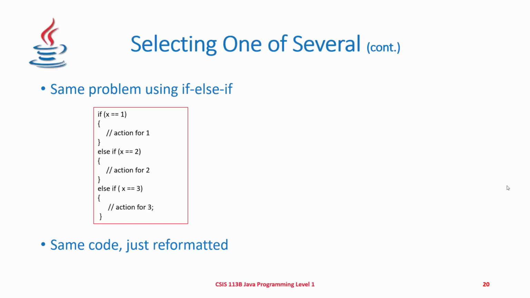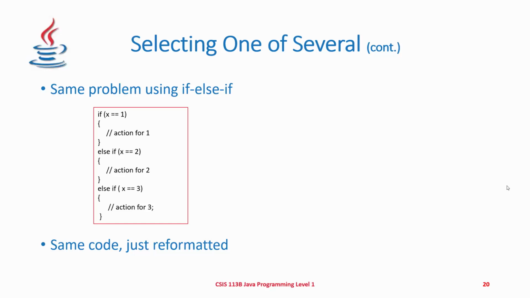So here you can see we are checking to see if the value x compares to 1. That's the first condition. If it's true, then we would perform action 1. Instead of using the else like we did before, separate from the if, you can see we can actually use it together.